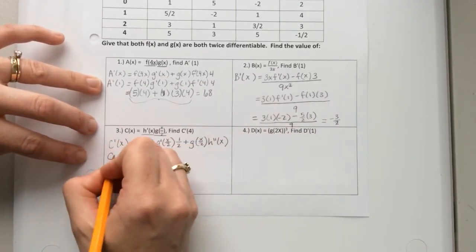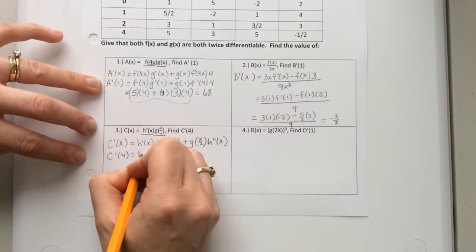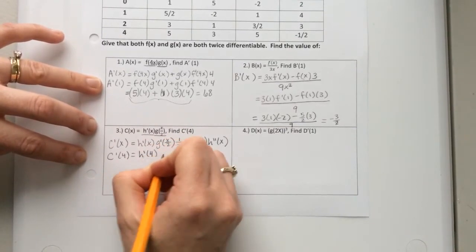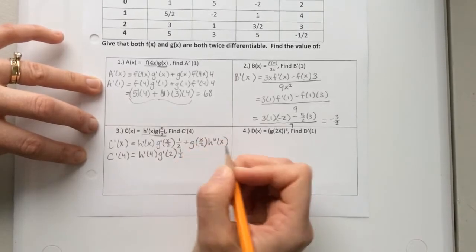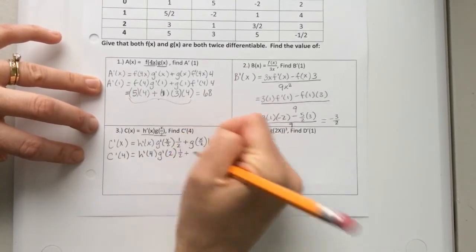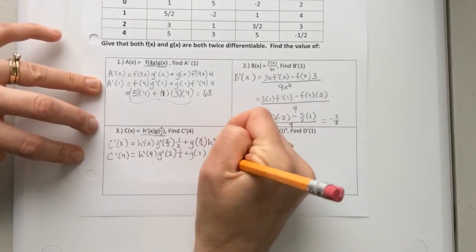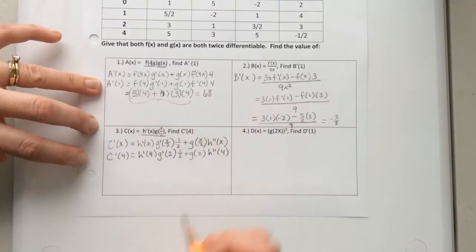So now I want to find it of 4. All these have to become 4. So we need h prime of 4, g prime of 2, because 4 divided by 2 is 2, times 1/2, plus g of 2 times h double prime of 4.